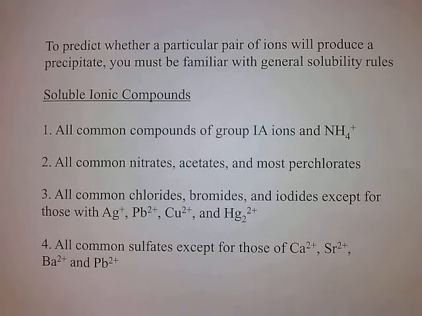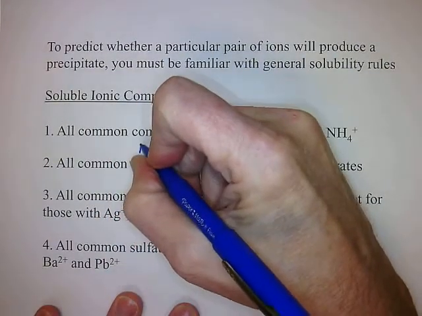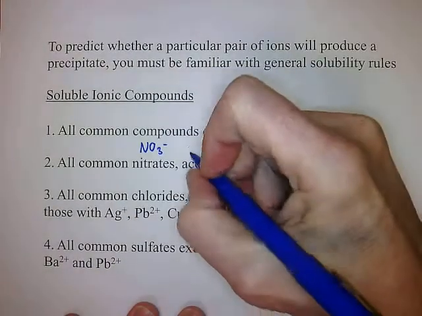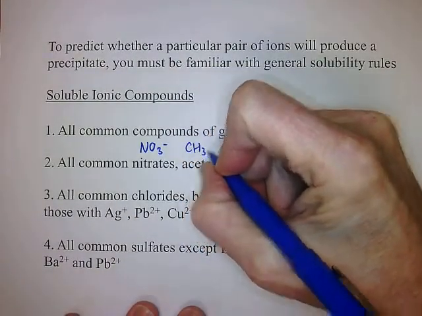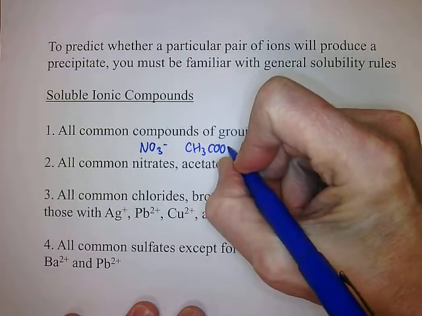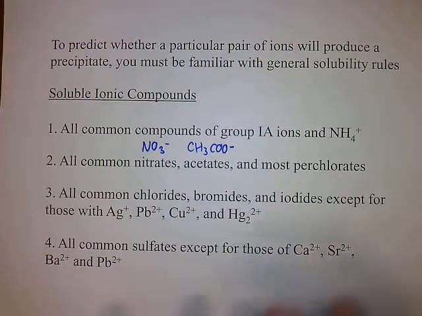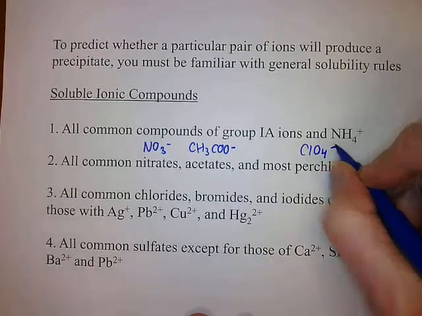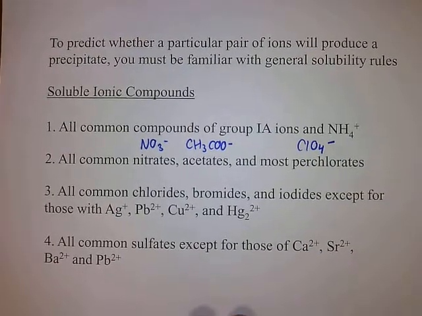Okay, if you don't know your polyatomic ions at this point, this might be a good time to go back and review them. Right, nitrate is NO3 minus, acetate, CH3COO minus, perchlorate, ClO4 minus.